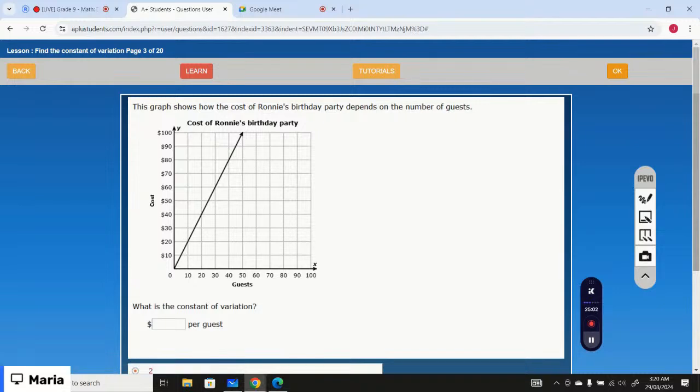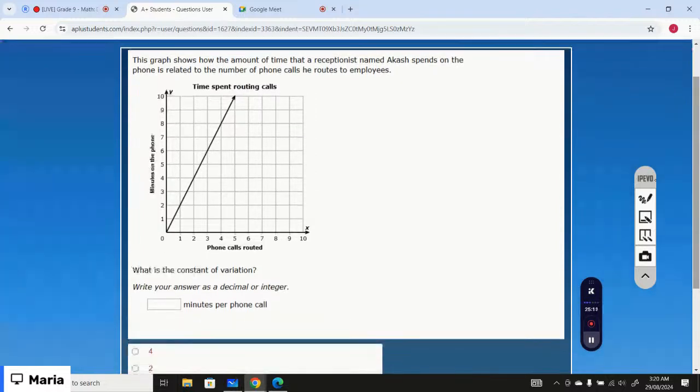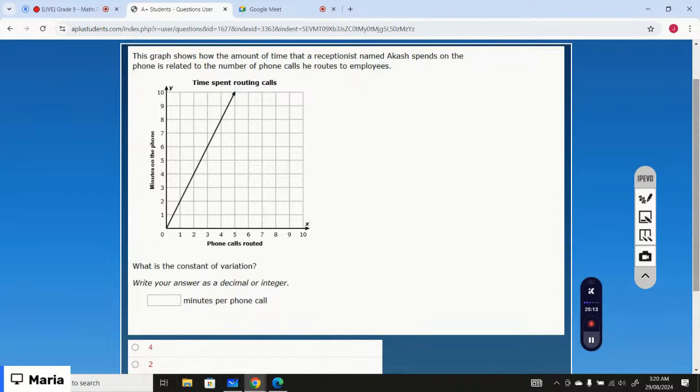Okay, let's just move on to the next one. This graph shows how the amount of time that a receptionist named Akash spends on the phone is related to the number of phone calls he routes to employees. What is the constant of variation? So, which is the correct option?